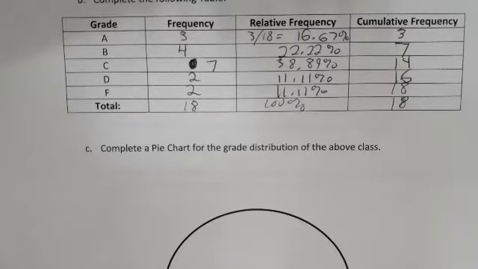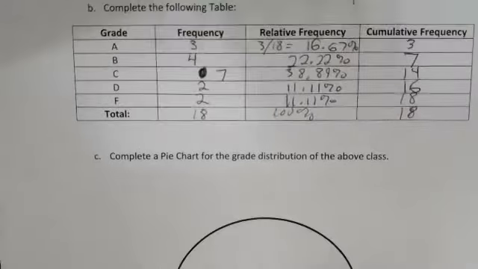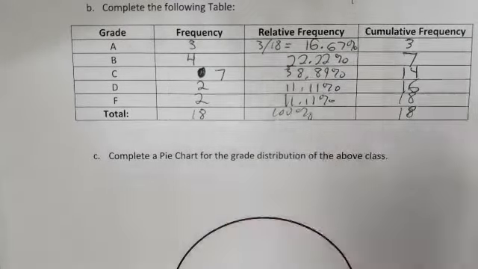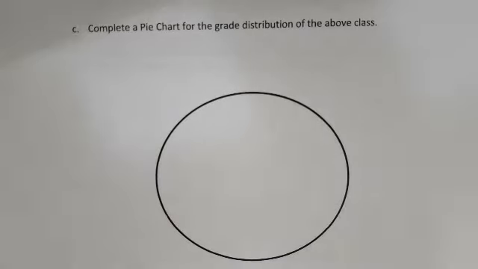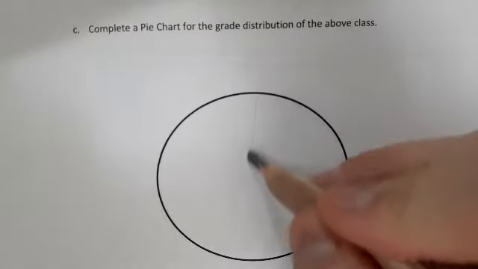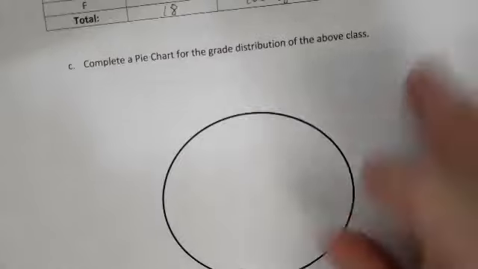So if I'm doing a pie chart, I want to look at my relative frequencies. Let me get maybe a pencil. And so I'm thinking if I'm 50%, that would be perfectly in half.